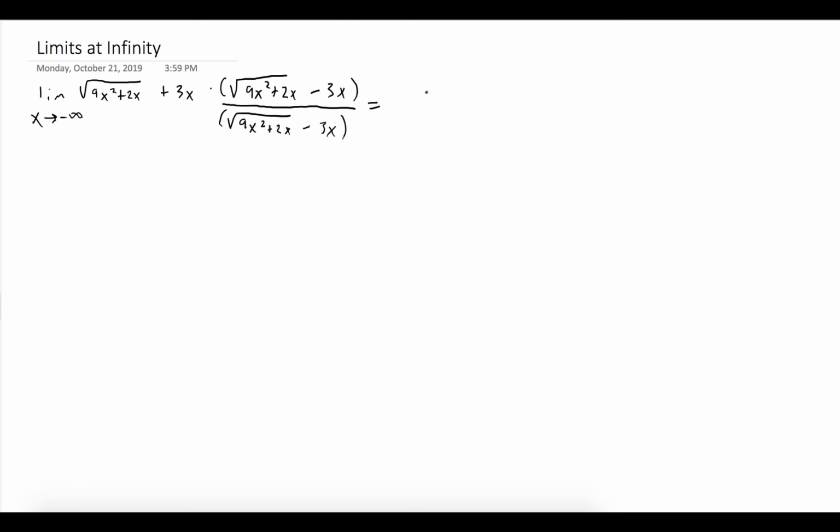And what we get is the limit as x goes to negative infinity. The numerator becomes 9x squared plus 2x minus 9x squared. And the denominator, well, nothing happens to the denominator.